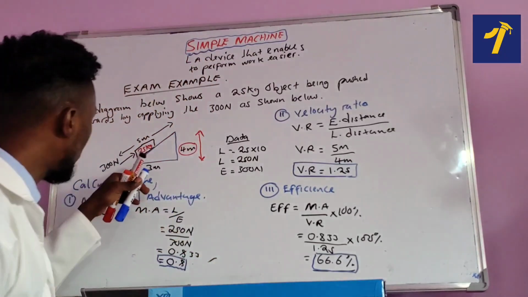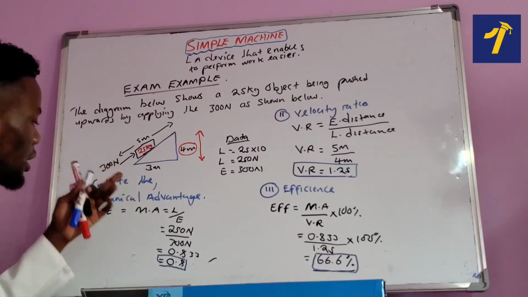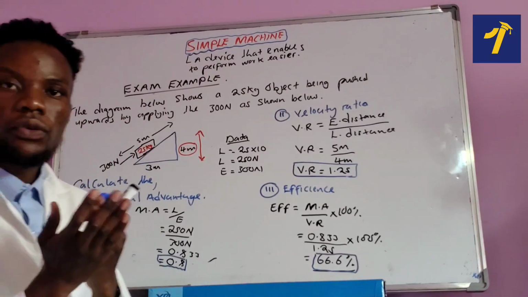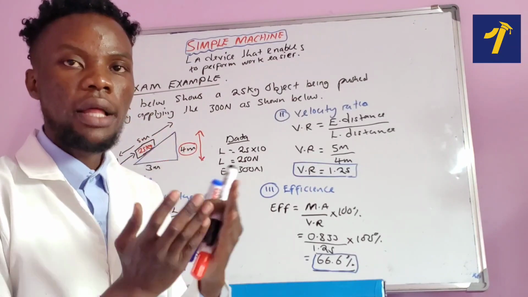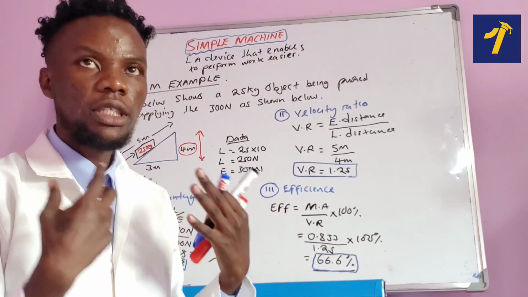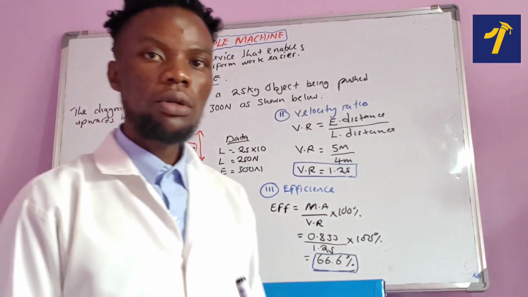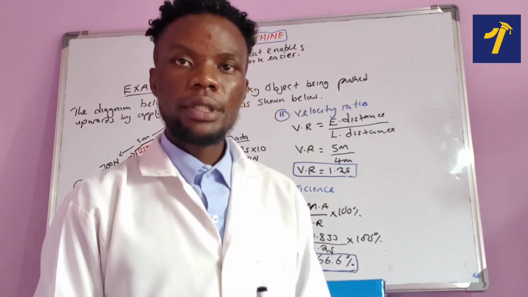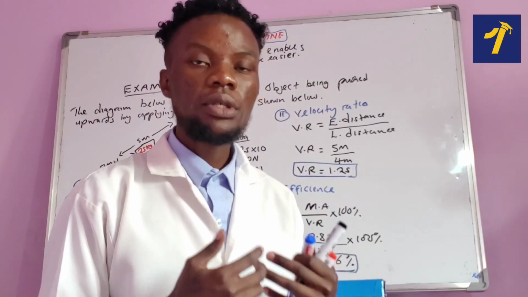Because if this is the machine that is working and you are pushing or pulling this object, you are creating friction force between the two objects, the inclined plane and the object. That friction force is going to generate heat, and that heat is in form of energy. So we are going to say some energy is going to be lost because of some frictional forces.